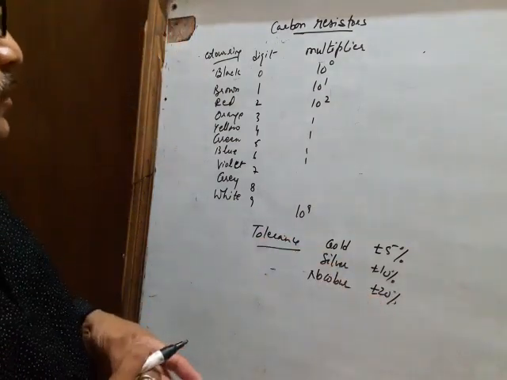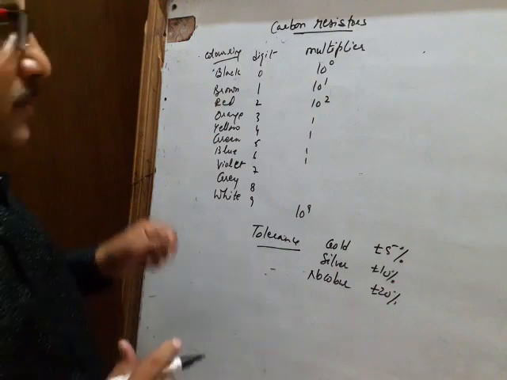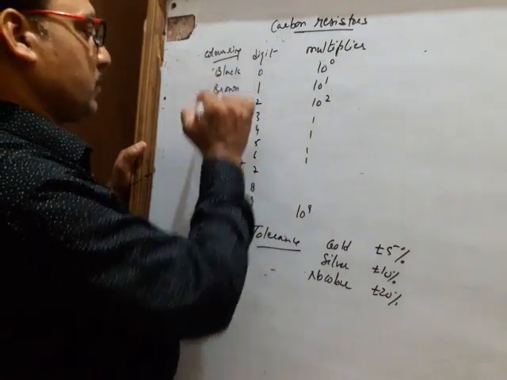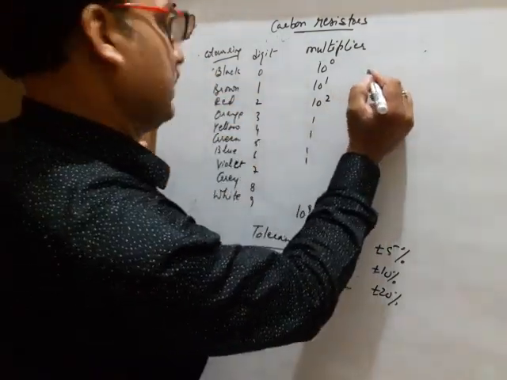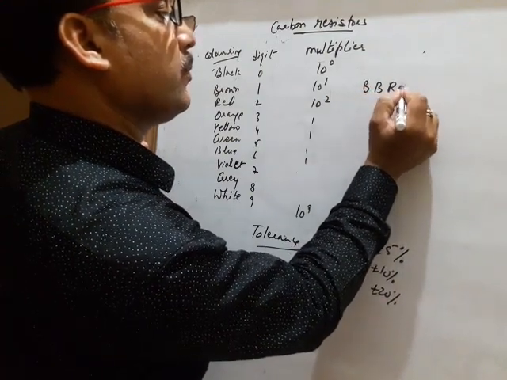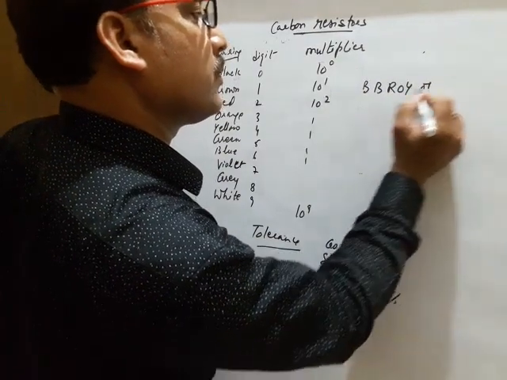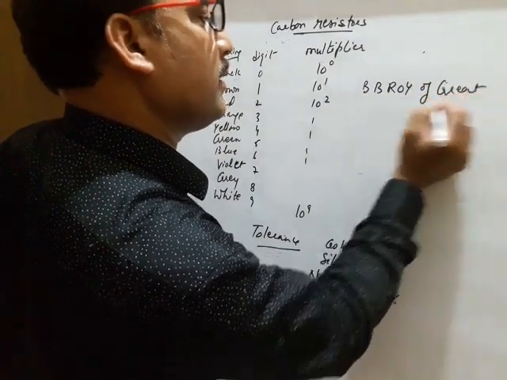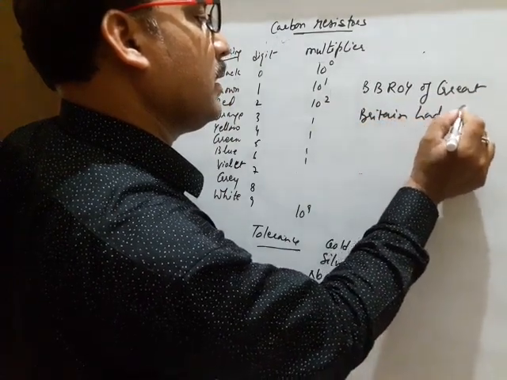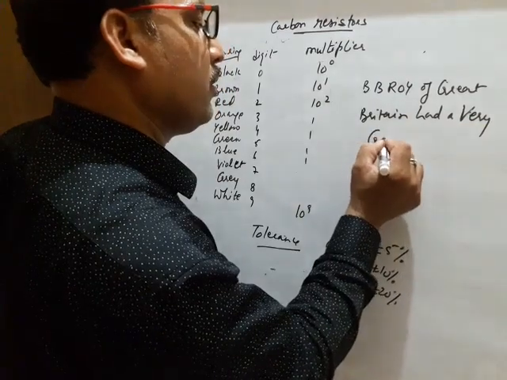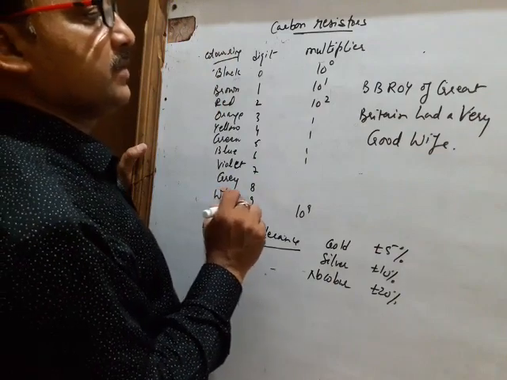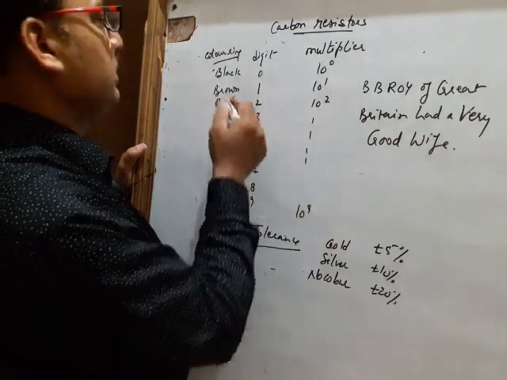These are the values, and how to remember them? You just see the abbreviation of these colors. Then you will find the abbreviation BB ROY of Great Britain had a very good wife. This sentence will tell you all the colors.